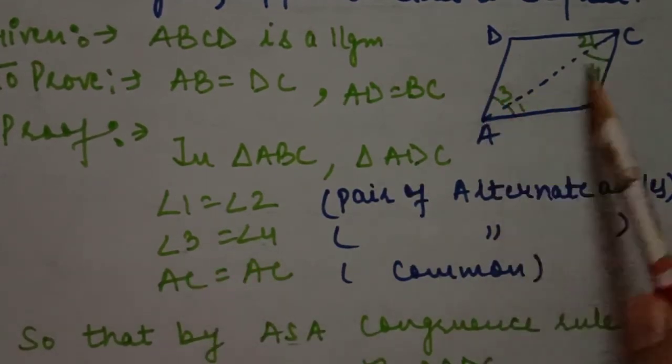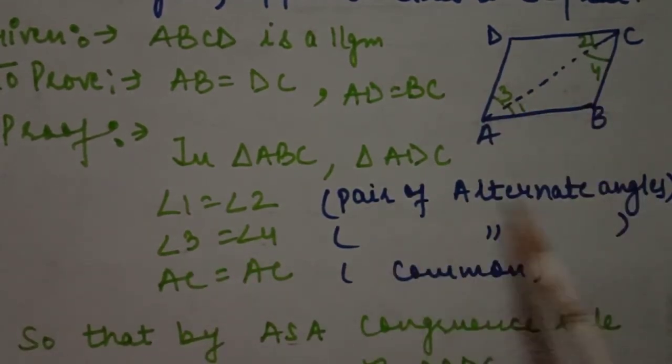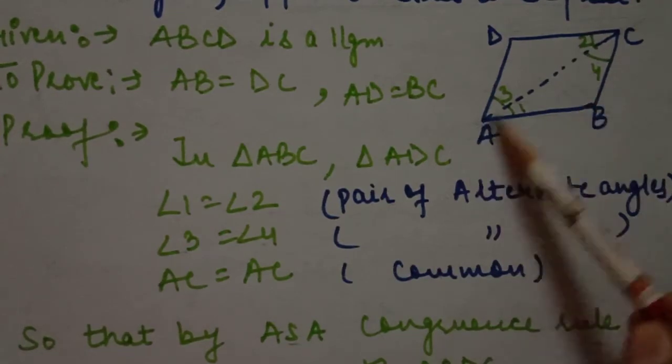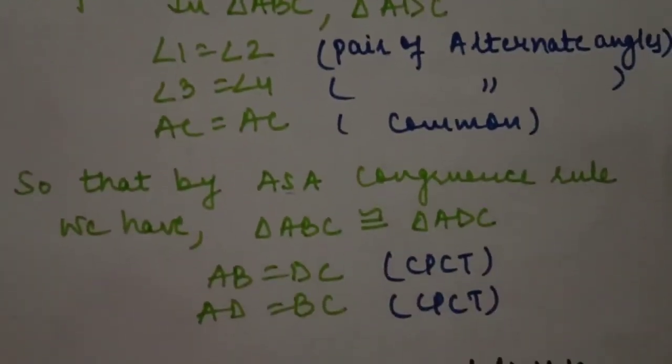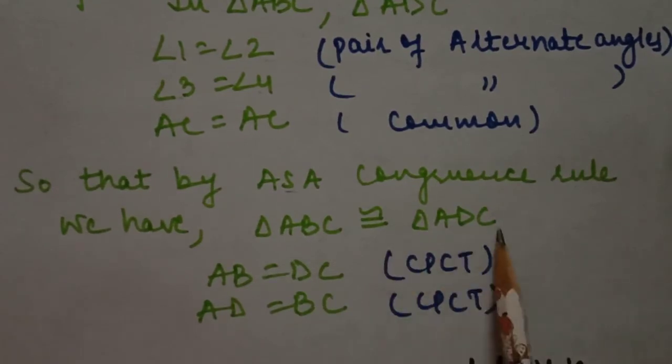Angle 3 and angle 4 are also equal to each other because of a pair of alternate interior angles. AC is equal to AC, common. So by the ASA congruence rule both the triangles are congruent. ABC is congruent to ADC. By CPCT we can say the opposite sides are equal to each other.